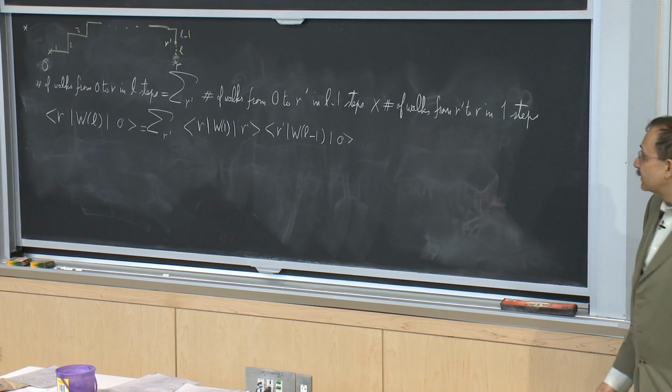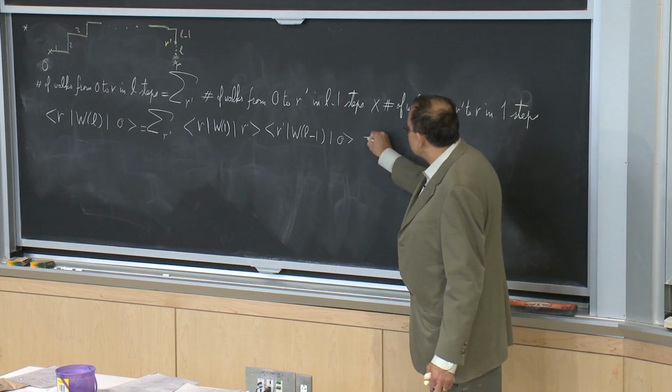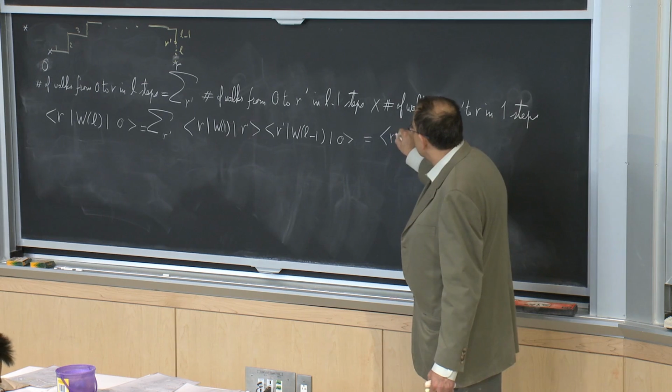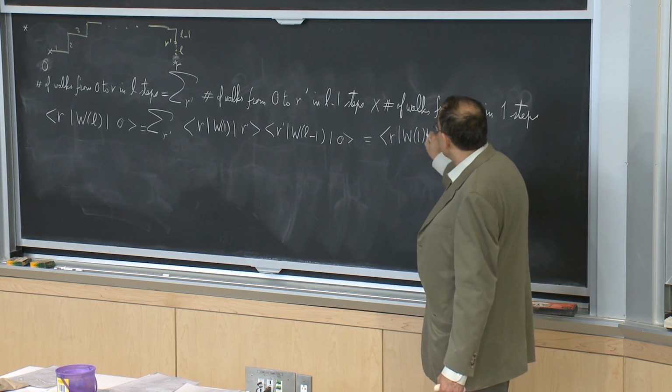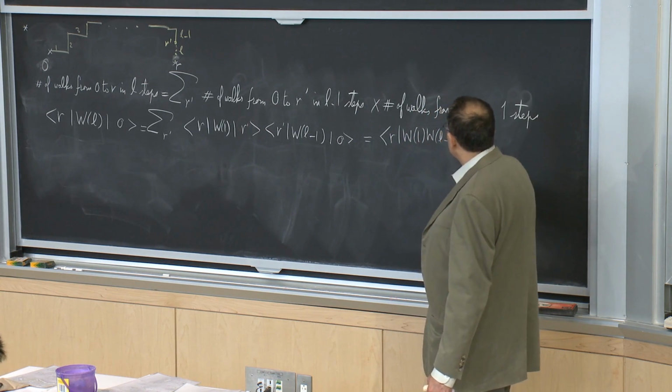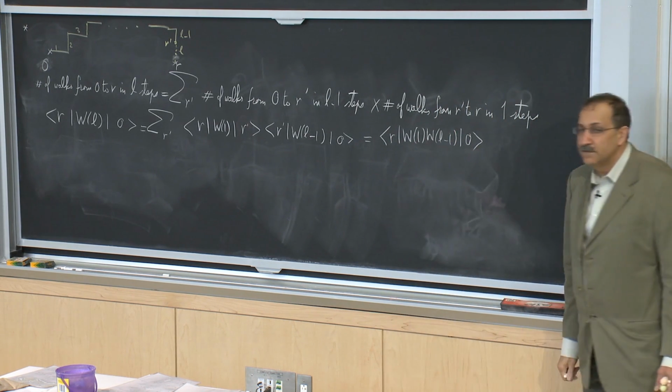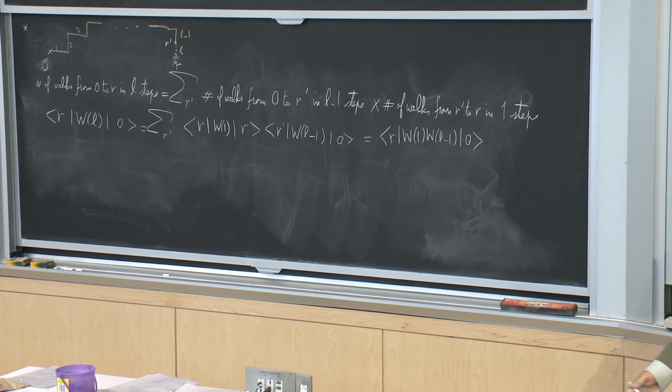What that says is that summing over r prime tells you that that is W1, W of L minus 1, 0. And that is true for any pair of elements, starting and final points.